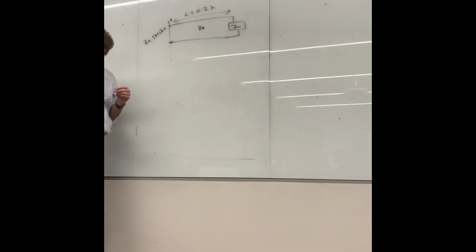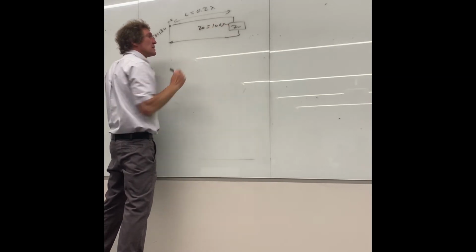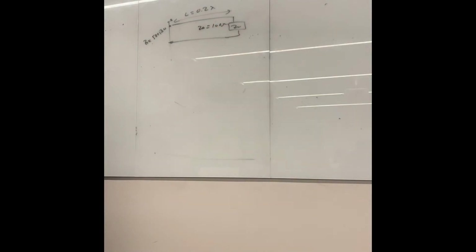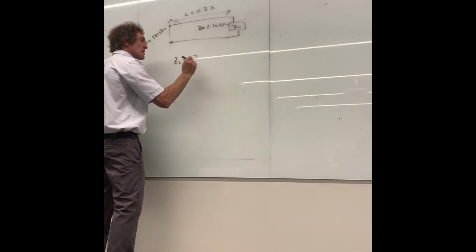So I'm giving you the input impedance. I'm not giving you ZL. And I'm going to say the characteristic impedance is 100 ohms. So here's my first question: I want to know the value of ZL.